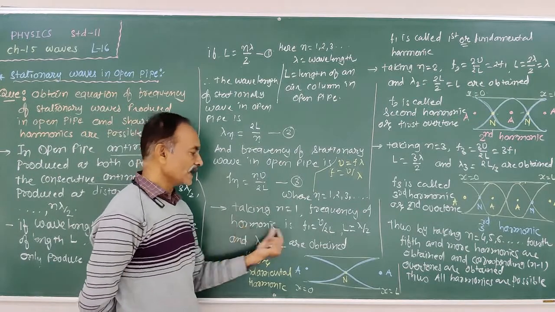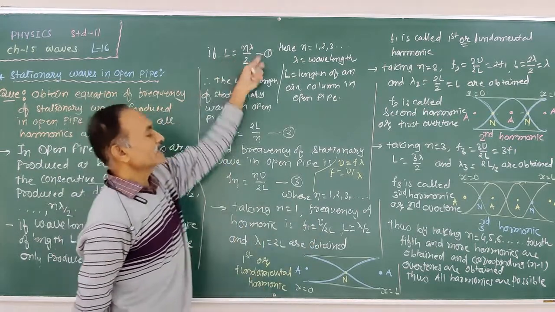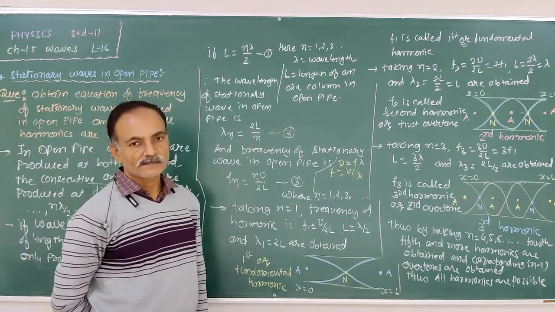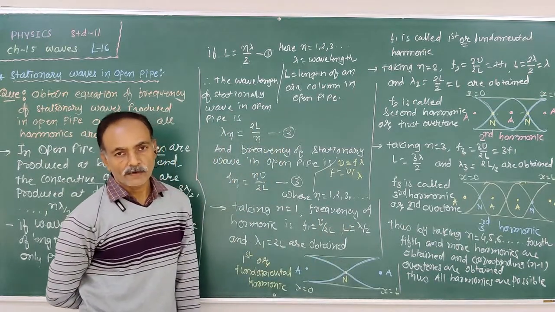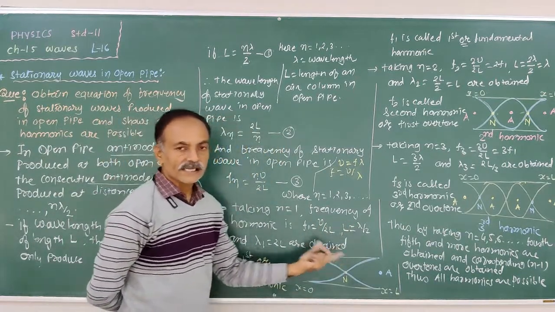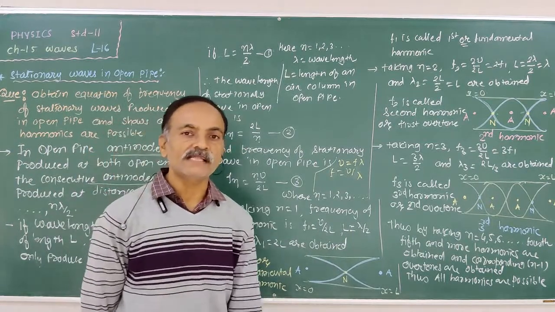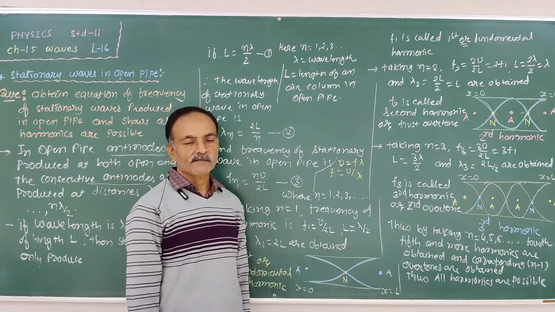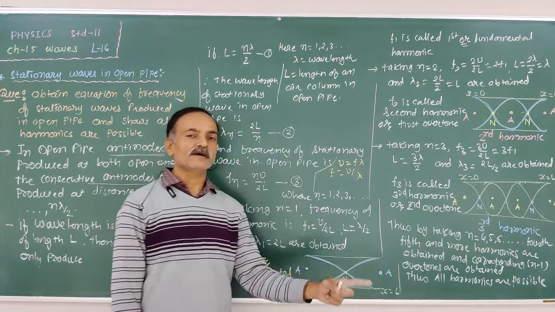The frequency of the harmonic F1 is equal to v upon 2L, and L is equal to lambda by 2, and also lambda 1 is equal to 2L. That means in the given length of an open air column or an open pipe, a stationary wave with lambda by 2 wavelength is generated. That means a half wave is generated. But the condition is that at both ends of the open pipe the antinode must be there.